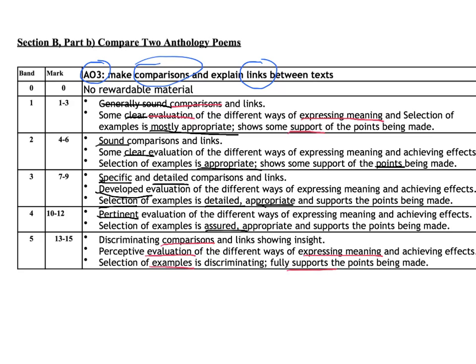Now, pertinent, as we know from the previous recording, is that it's fitting, it's been well selected for that particular point that you're making, or well expressed and fits well with the rest of what you're writing. If we're moving up towards band 5, you're being discriminating, perceptive, again discriminating. So it means if you're discriminating, you have a selection of things to choose from, a selection of points, a selection of quotes that you're confident with, and it's clear that you've chosen from a high quality of that selection.